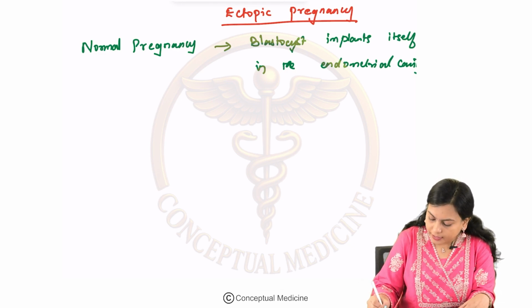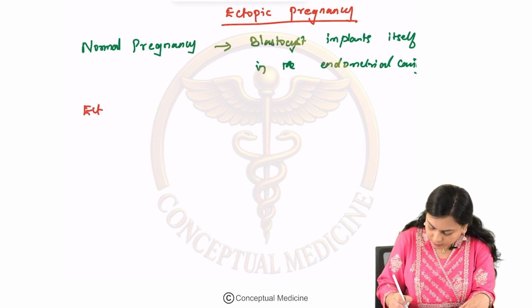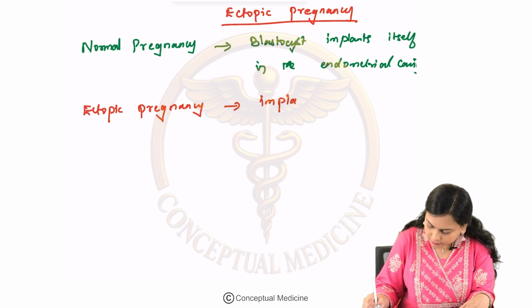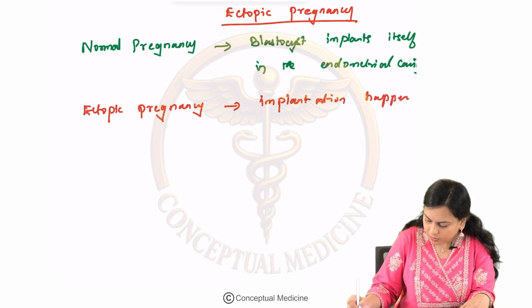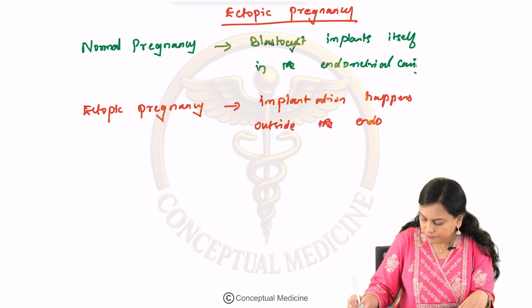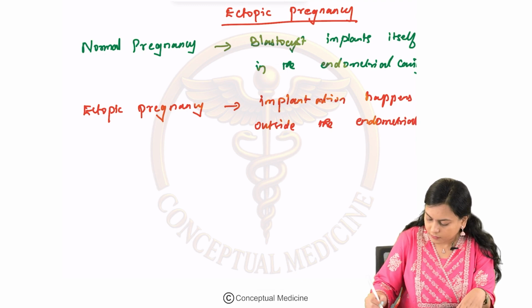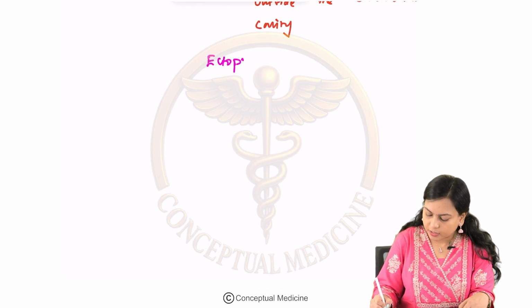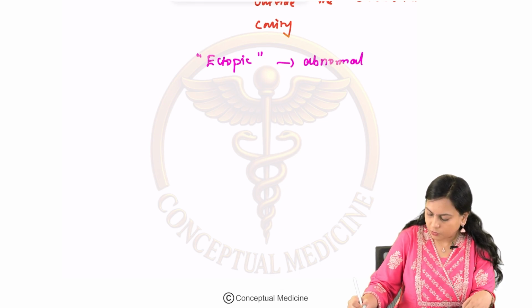But in an ectopic pregnancy, implantation happens outside the endometrial cavity. So remember that the term ectopic itself means abnormal location.